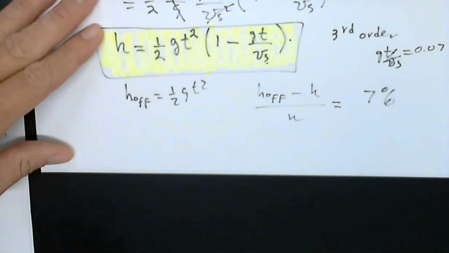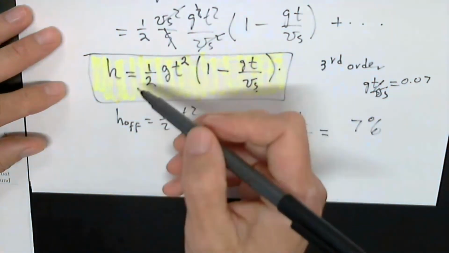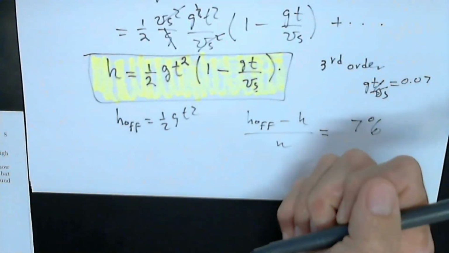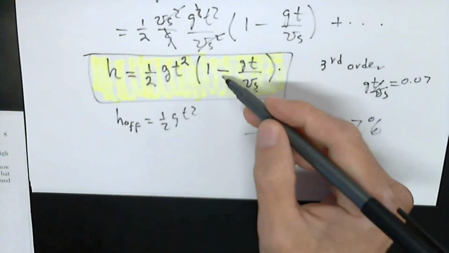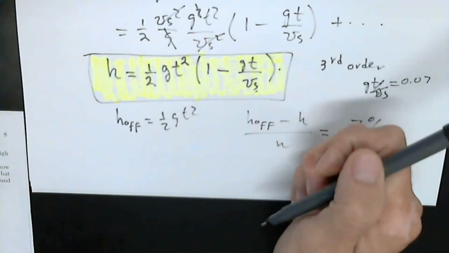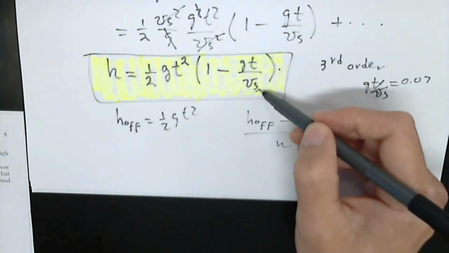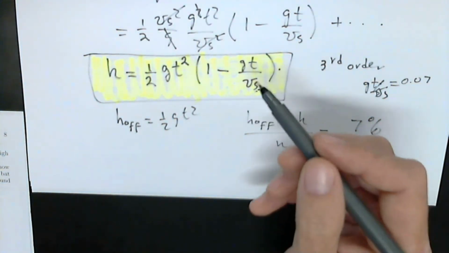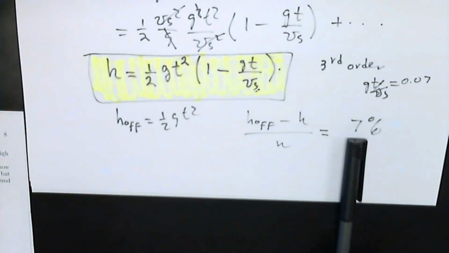And we get an equation that makes sense physically, because we have the 1/2 gt squared, that's the free fall, no speed of sound consideration, minus this factor over here that you know is a small number because the speed of sound is huge in comparison to gt. gt is way smaller than 336. And that's all. This is a very interesting problem to practice Taylor expansion and approximating functions.